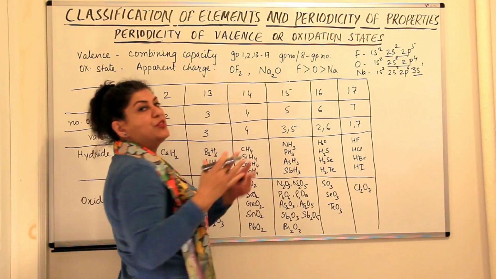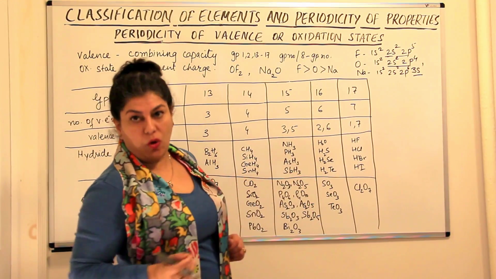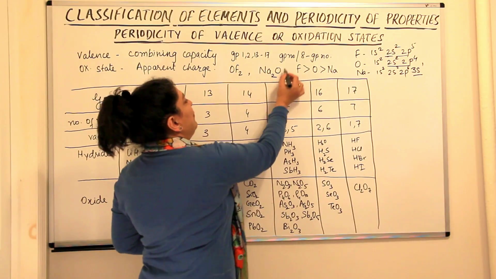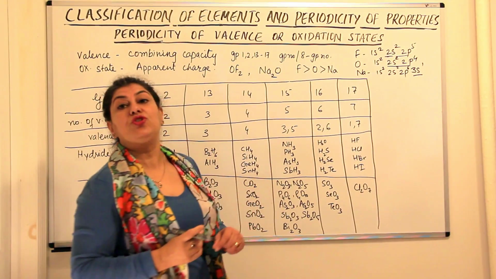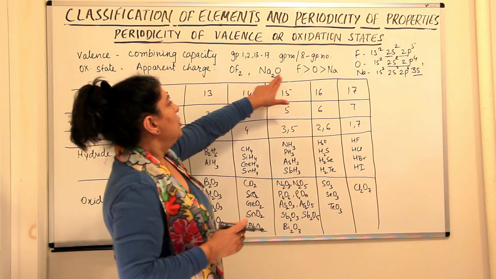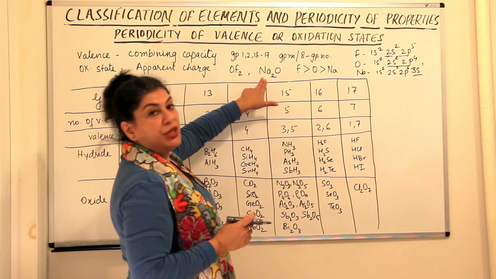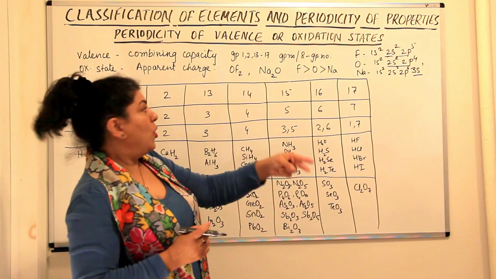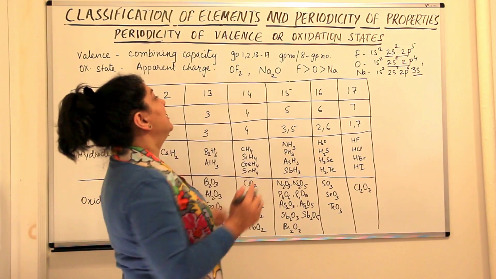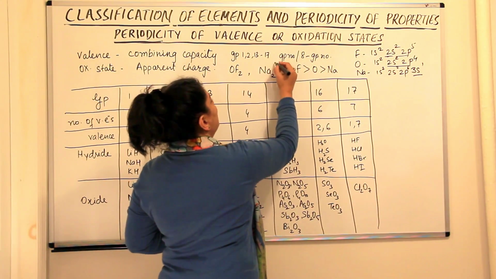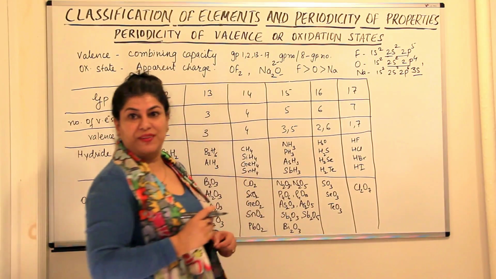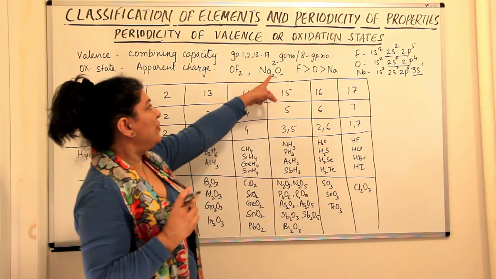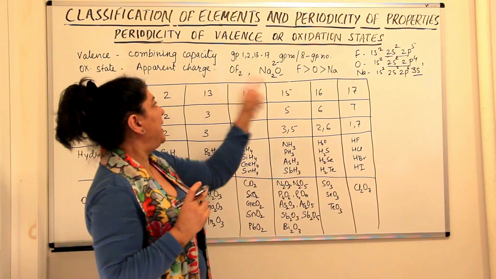So 2 sodiums give 1 electron each to one oxygen atom, and therefore the formula of sodium oxide is Na2O. Oxygen needs 2, sodium gives 1. So you need 2 sodiums to give the 2 electrons to oxygen. And in this case, the charge of oxygen is 2 negative. Right? The oxidation state of oxygen in this compound is 2 negative.